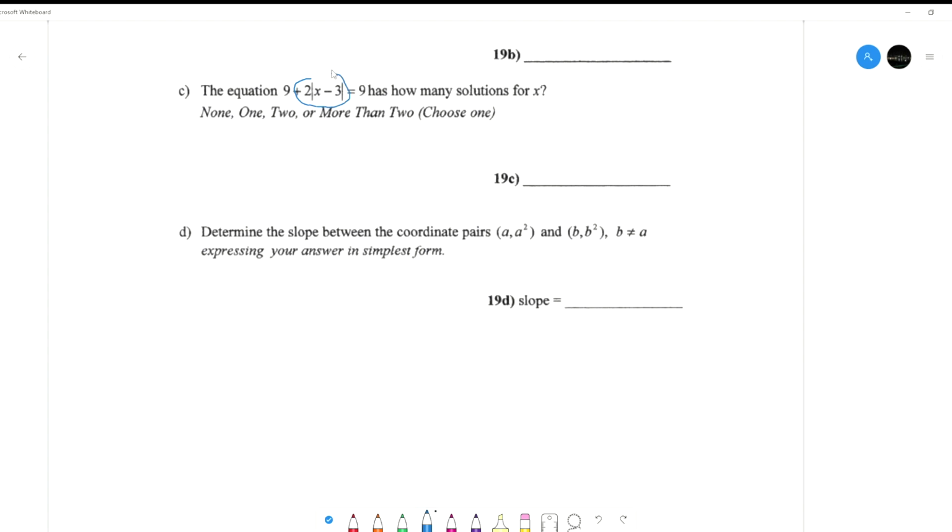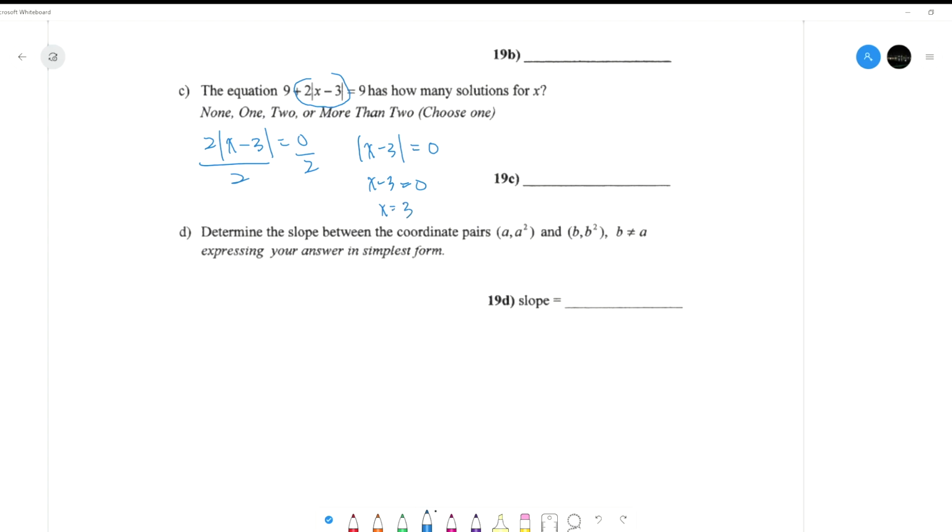So I'm going to subtract 9. So I have 2 times the absolute value of x minus 3 is equal to 9 minus 9 is 0. Then we can divide both sides by 2, and you get absolute value of x minus 3 is still equal to 0. Now, because it's zero here, there's only one solution. Does that make sense? It's just x minus 3 is equal to 0, therefore x is equal to 3.